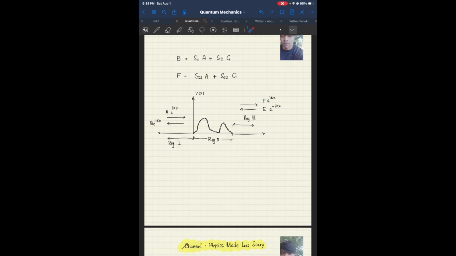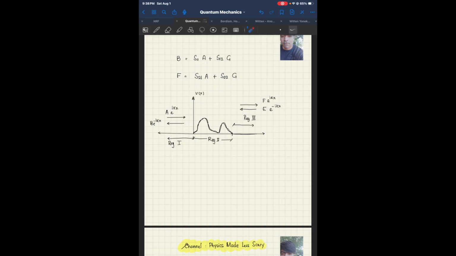Because these are the ones that get collected in some machine. Someone is observing this wave and this wave. Not these, because these are the incident waves. So that's why he chose B and F here.